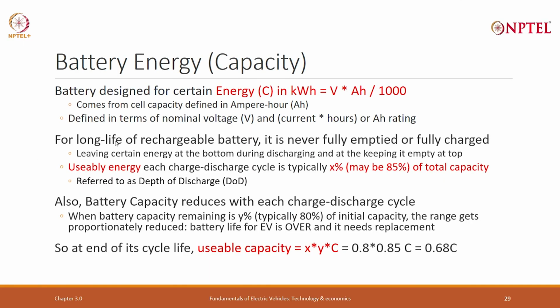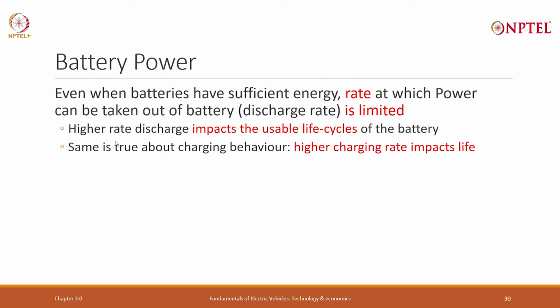So, if you start with a 10 kilowatt hour battery, but you are using only 85%, effectively it is an 8.5 kilowatt hour battery. At end of life, 0.85 into 80%, that is 0.68, 6.8 kilowatt hour. To that extent you can only drive that much. Remember that, this is something that you cannot forget.